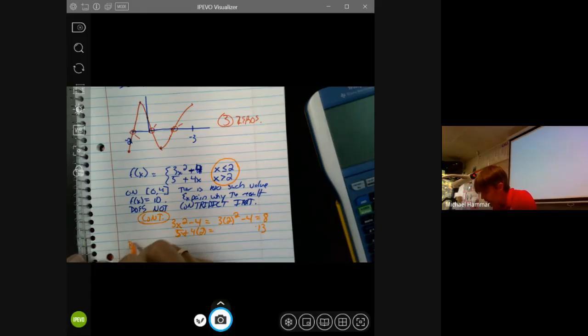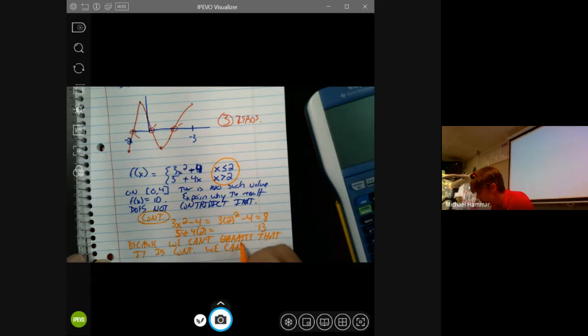So, because we can't guarantee that it is continuous, then we can't guarantee that f of x equals 10. There is no such value.